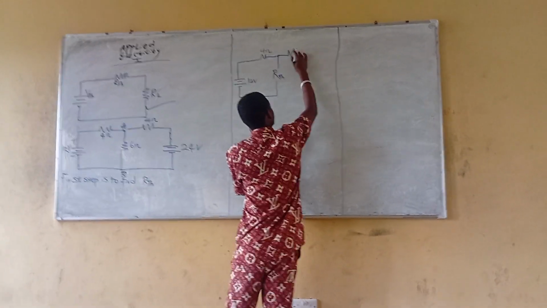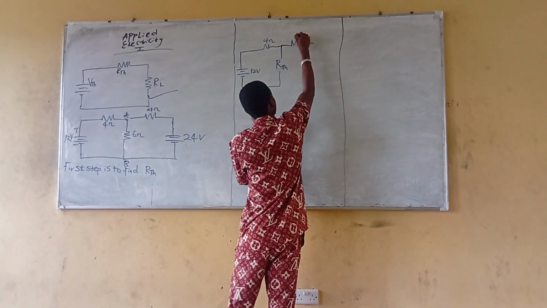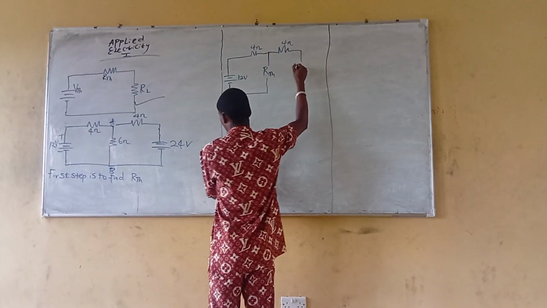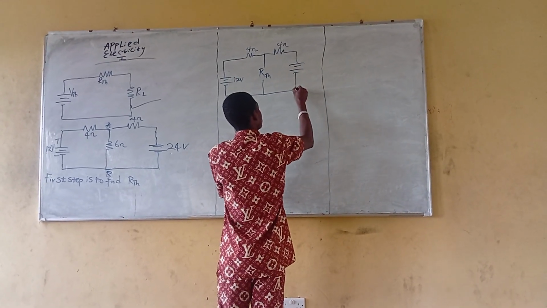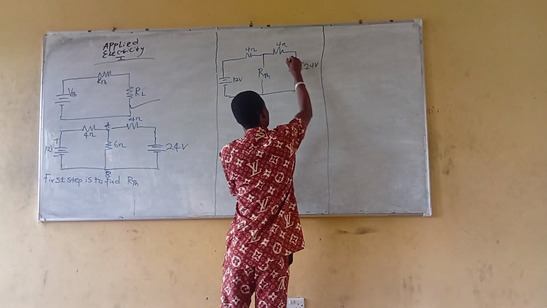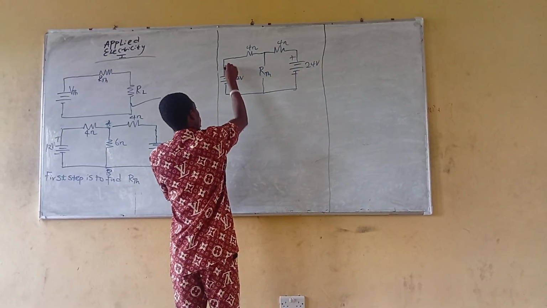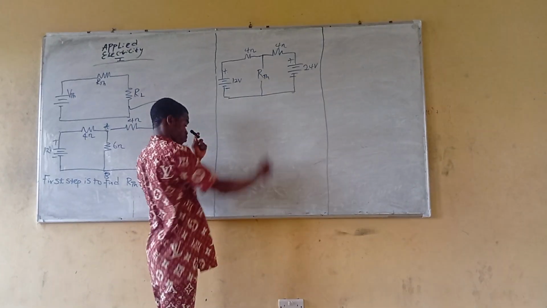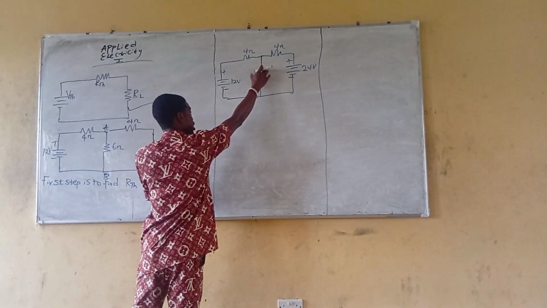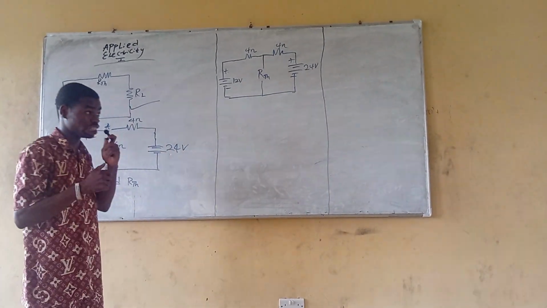So this is still your 4 ohms resistance. Then this is your 24 volts, plus minus, plus minus. After you've cleaned away the load resistance, you indicate in that place RTH.